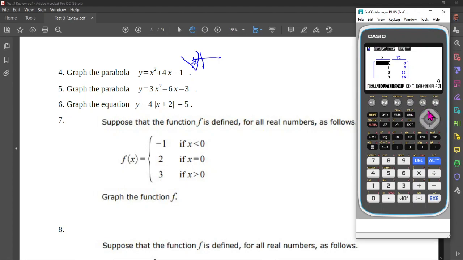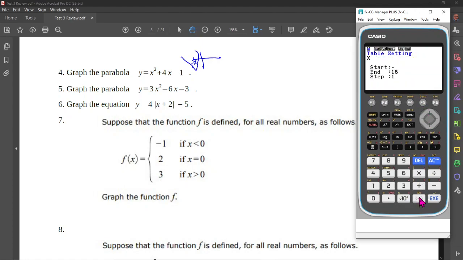Maybe I wasn't paying enough attention. How do I get back? That's a good question. So I'm going to go to the table. Back to formula. Okay, that's where it is. I'm going to set.